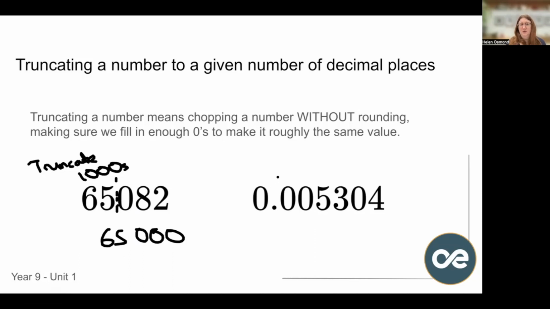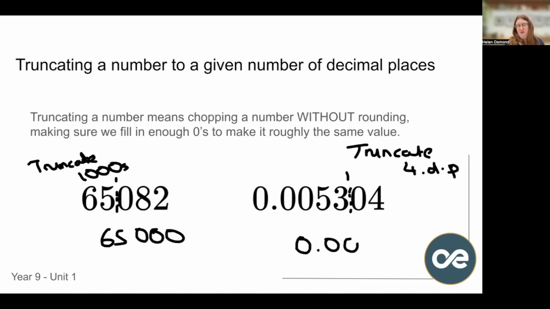Whereas on this one, to a given number of decimal places, if I said truncate to, let's go 4 decimal places because of where we've got the zeros, 1, 2, 3, 4, 0.00353. It doesn't matter if we were to have anything here that could round, we wouldn't. We would just get rid of it.